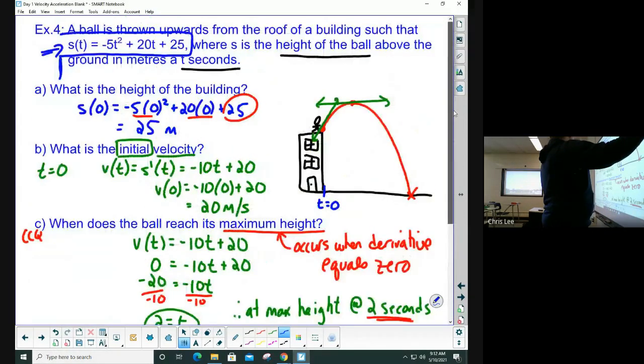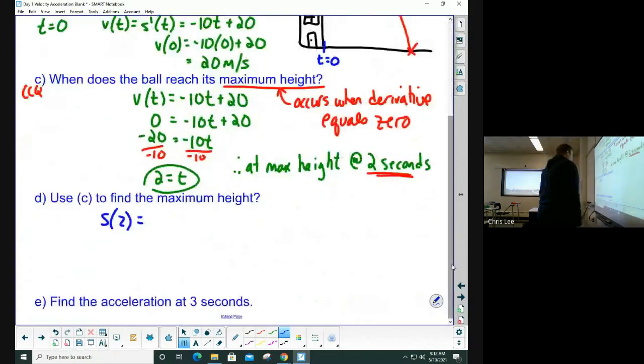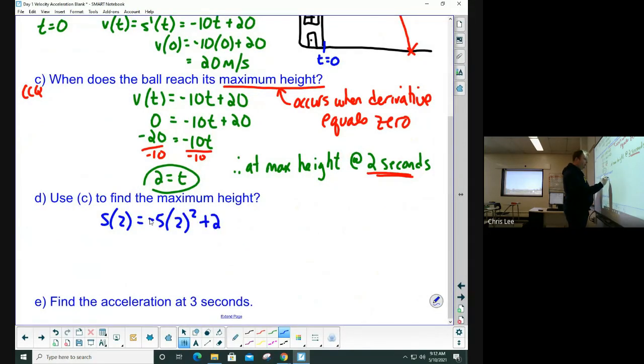So it's -5t squared plus 20t plus 25. So -5 times 2 squared plus 20t, plus 25.